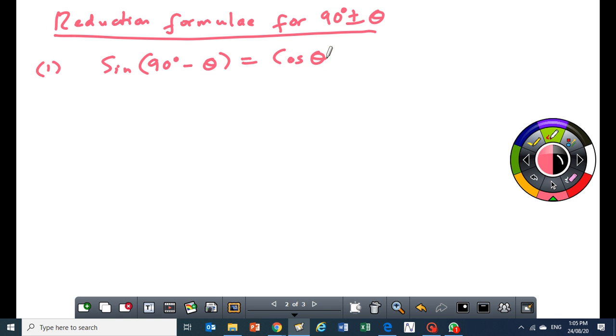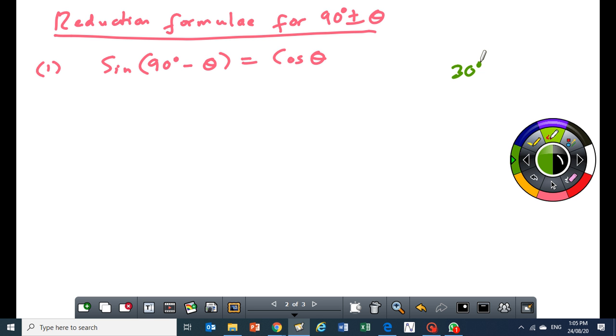Again, check out your calculator. Let's choose an acute angle like 30 degrees. Put 30 degrees here, you get sine 60, and then put the 30 degrees there, you get cos 30.